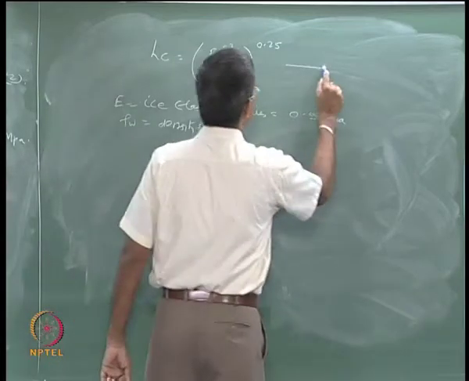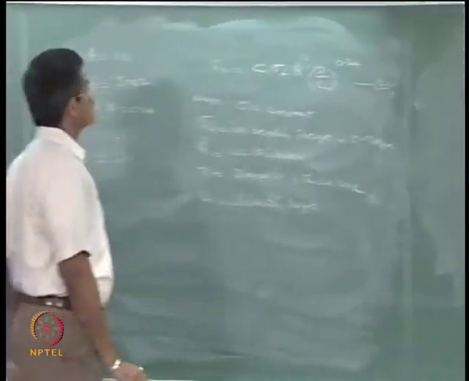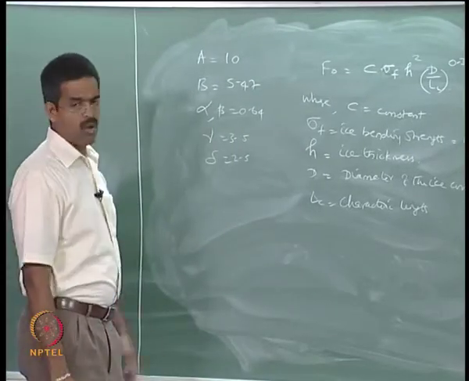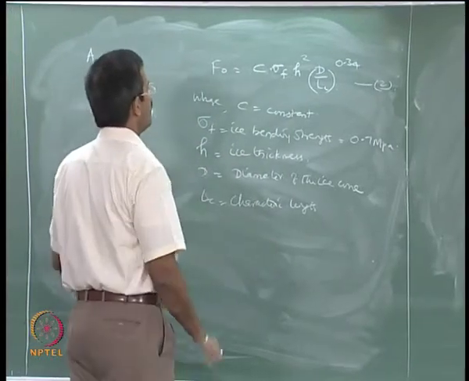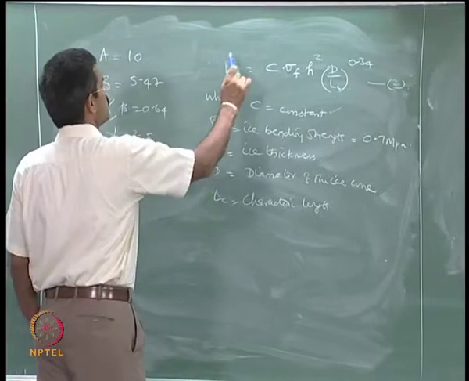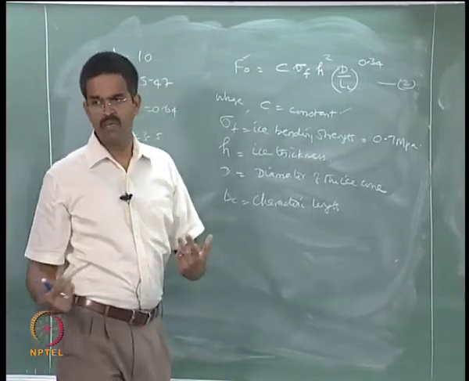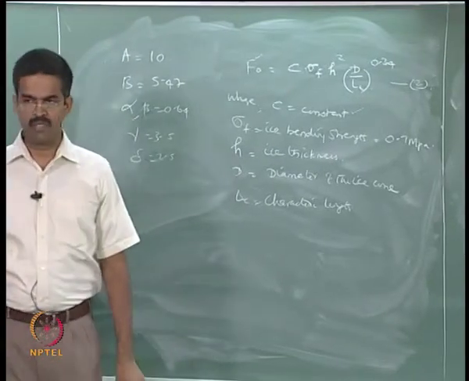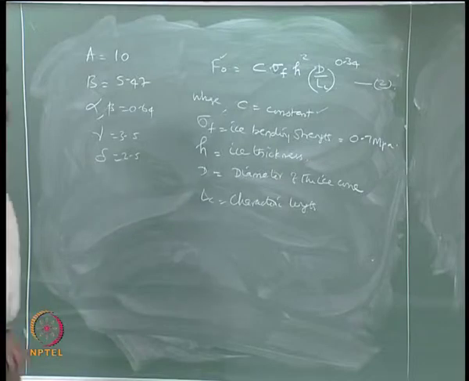Equation number 3. So, all parameters I know, LC I know, the constant depends on the type of the structure, F naught is known to me and the parameters are known to me. I can now plot the spectrum and get the ice load coming on marine structures. So, any questions here?